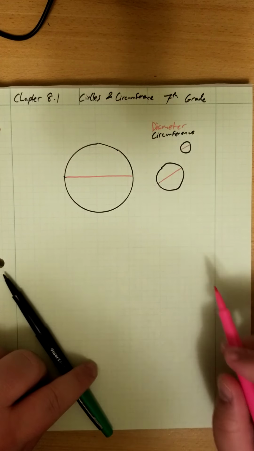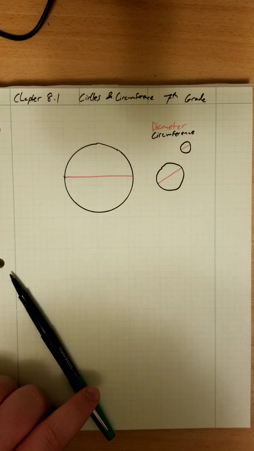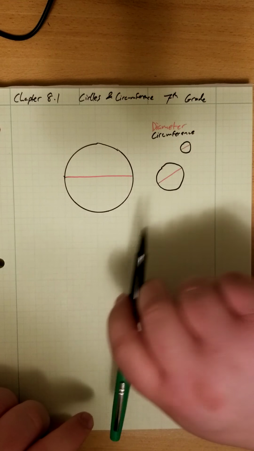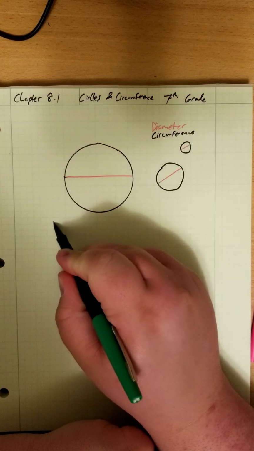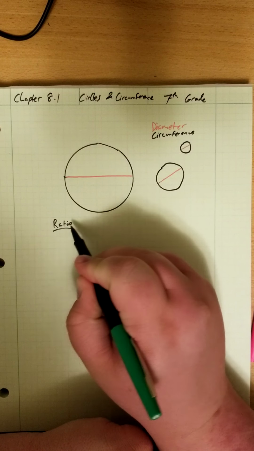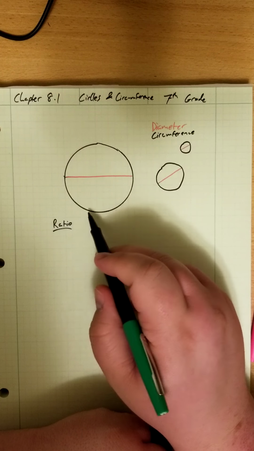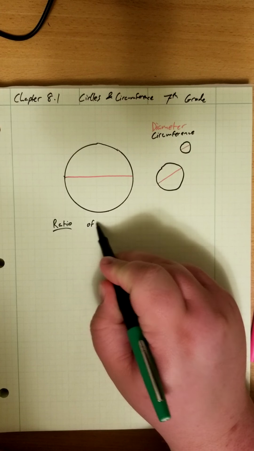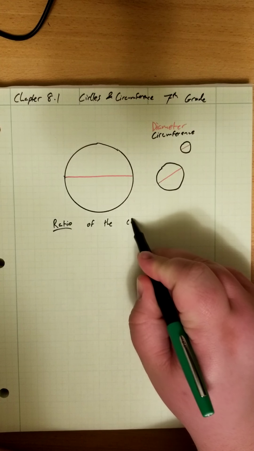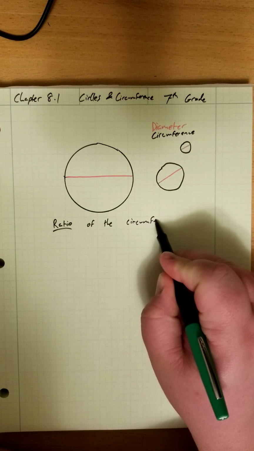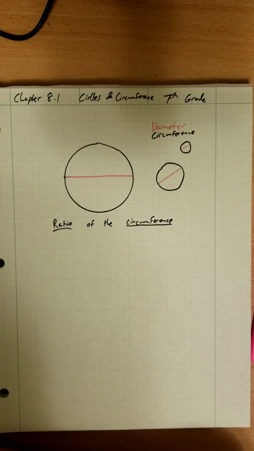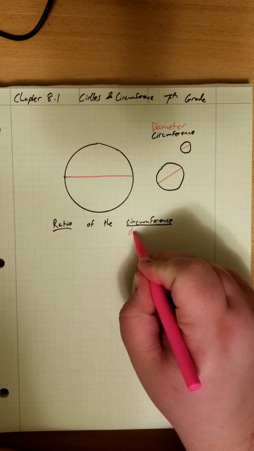Or sorry, the diameter would be something like that. And he wanted to find this ratio, which remember is just one number divided by another number, of the circumference divided by the diameter.